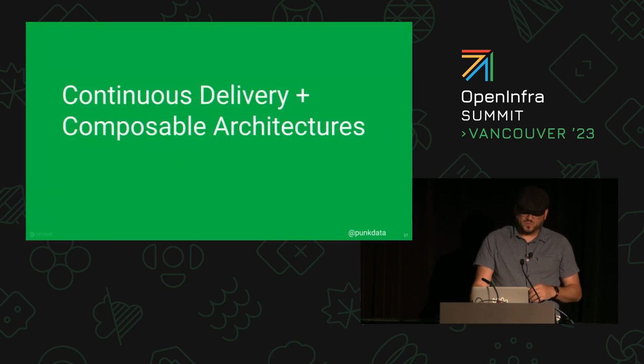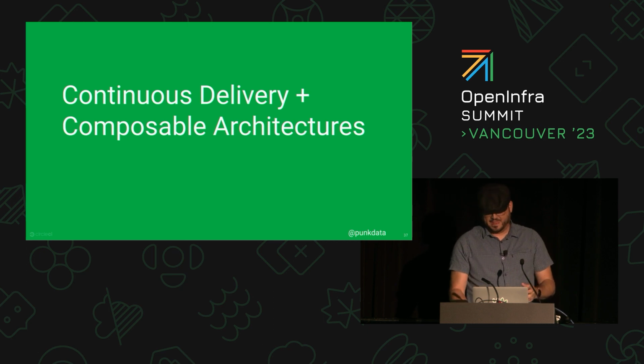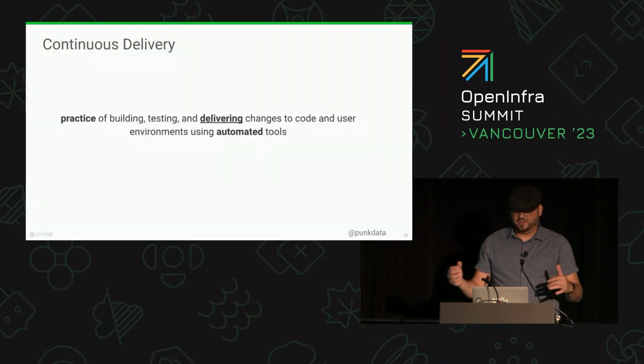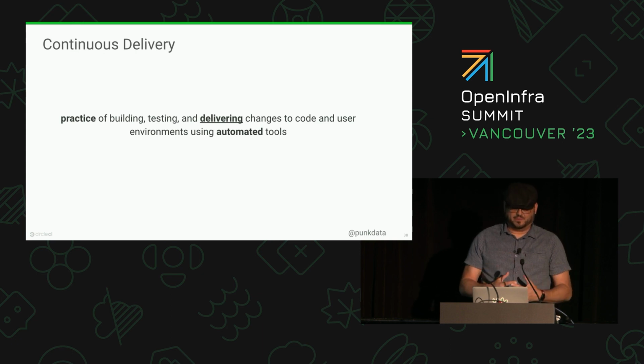The reason I bring this up is that when it comes to continuous delivery and composable architectures, there are even more challenges. Now that we've broken up our monolith, with continuous delivery we want to ensure that our applications are being tested, built, and maybe even scanned for security, compliance, whatever you want to do.